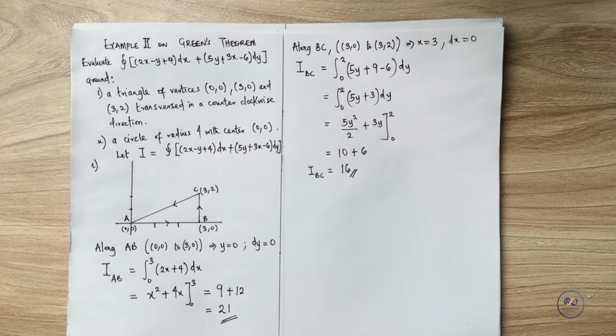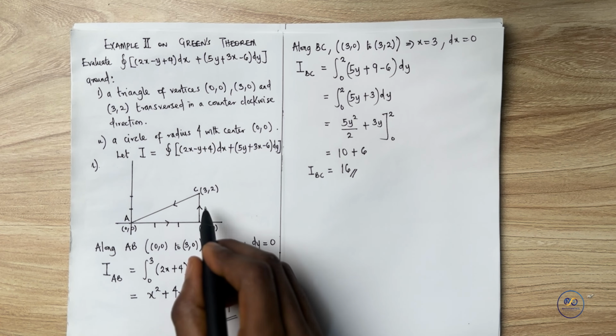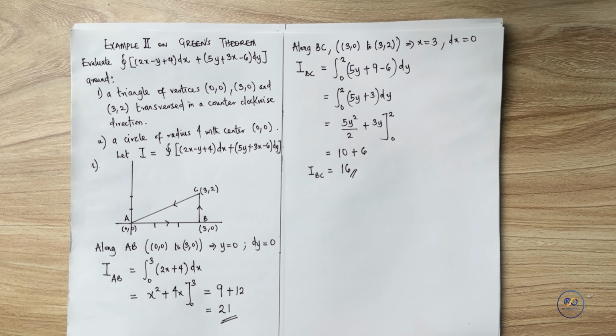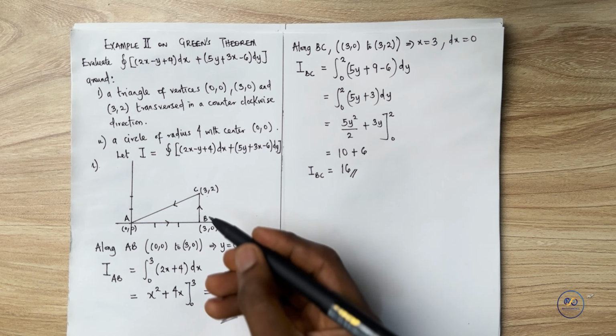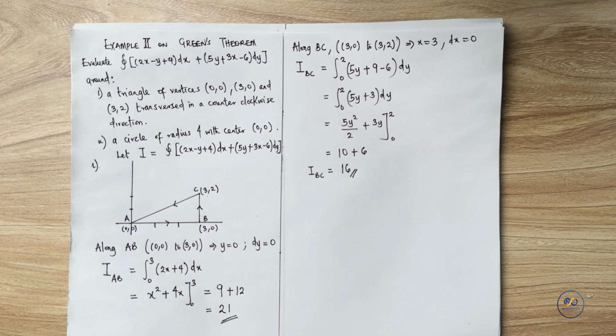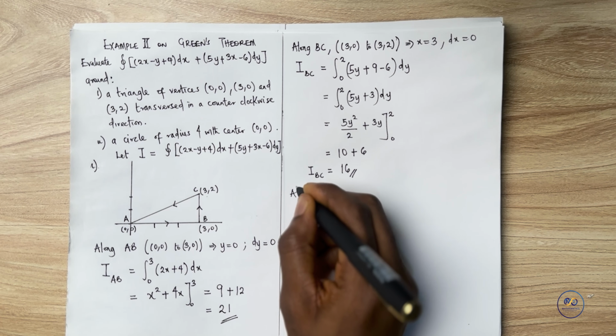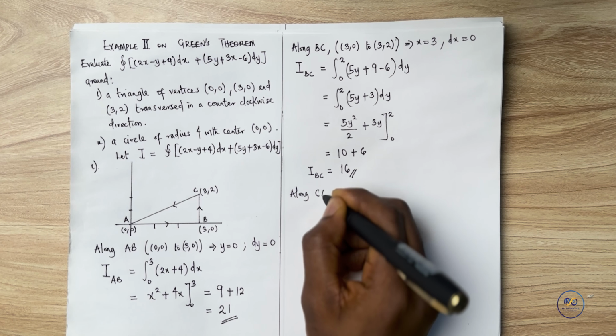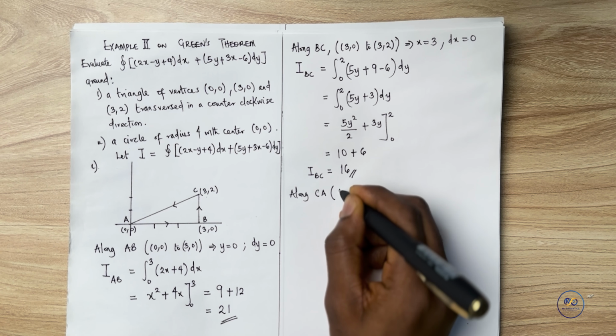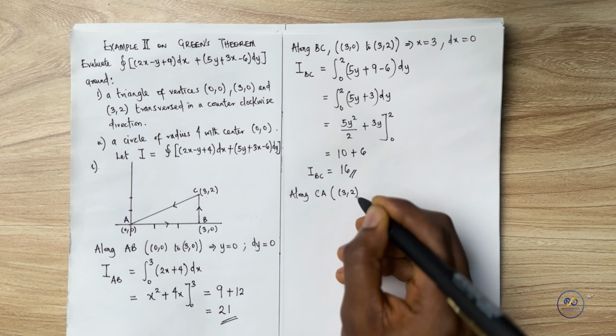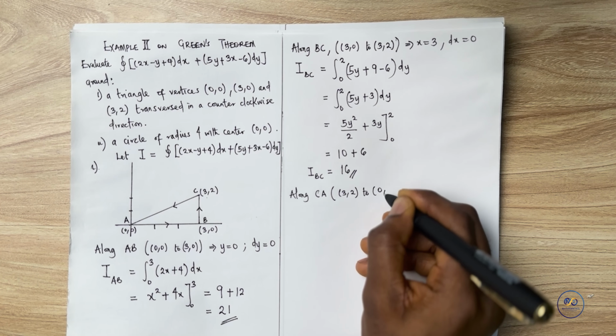So now we have evaluated the integral along two paths. The last path would simply be CA, C to A. So this will be our start point and this will be our end point in this case. Remember, we're going counterclockwise. So along CA, that would simply be 3, 2 to 0, 0.